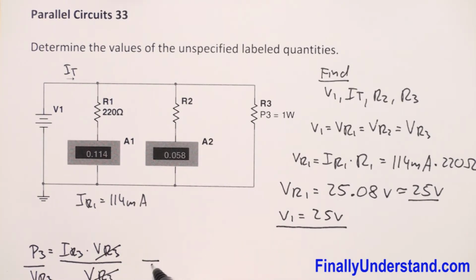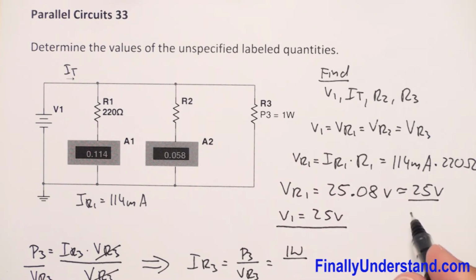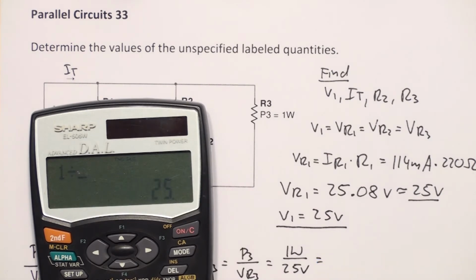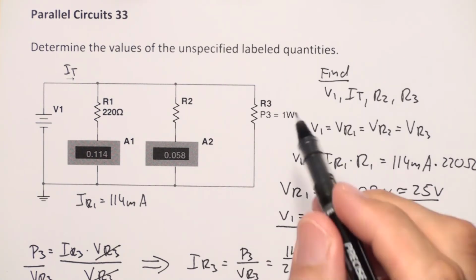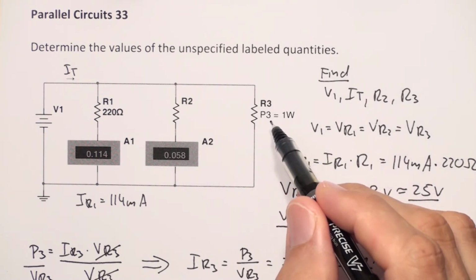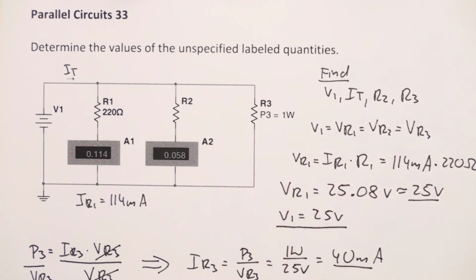VR3 and VR3 will cancel out, and you will get IR3 is equal to P3 over VR3. P3 is equal to 1 watt divided by VR3, which is equal to 25 volts. 1 divided by 25 is equal to 40 milliamps. So the current which goes through resistor R3 is equal to 40 milliamps.